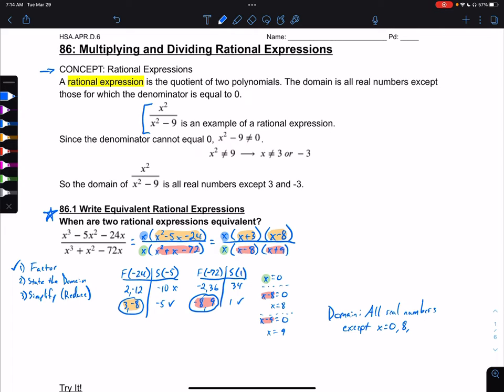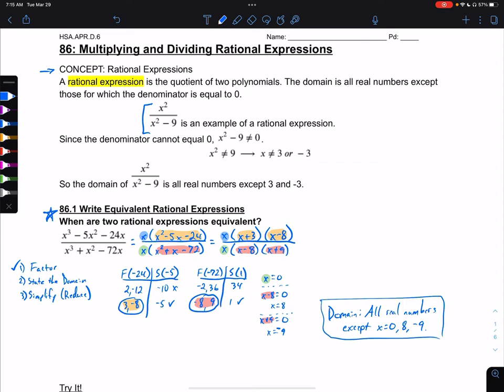I messed up here. Let's go back. This should be x plus 9. So right here, that should be x plus 9. So my x value would be x equals negative 9. Apologize for that. So x equals 0, 8, and negative 9 for my domain.